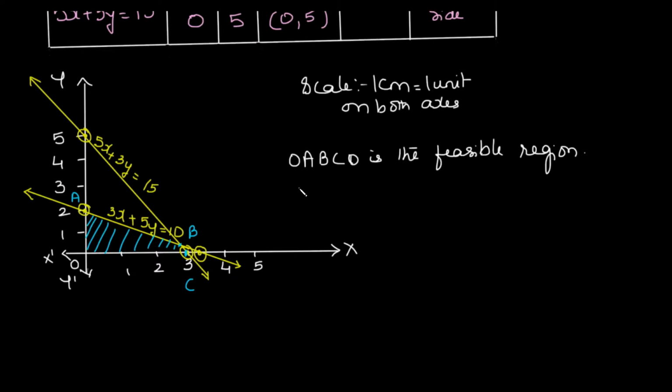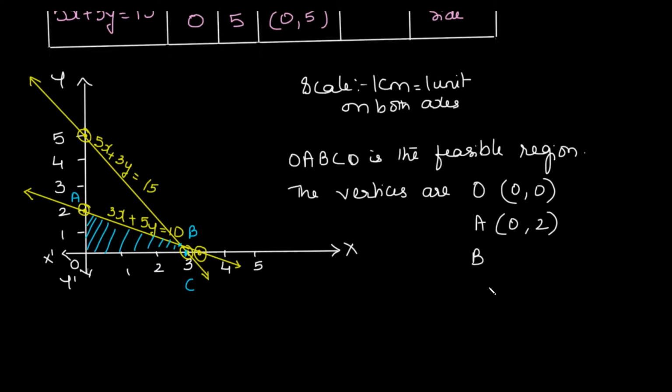And the vertices of this region, that is the corner points, are O, which is 0 0. Similarly, A, which lies on the y-axis over here and has the coordinates 0 2. B, which has to be found out, and C, which lies over here at 3 exactly, so the coordinates of C are 3 comma 0.